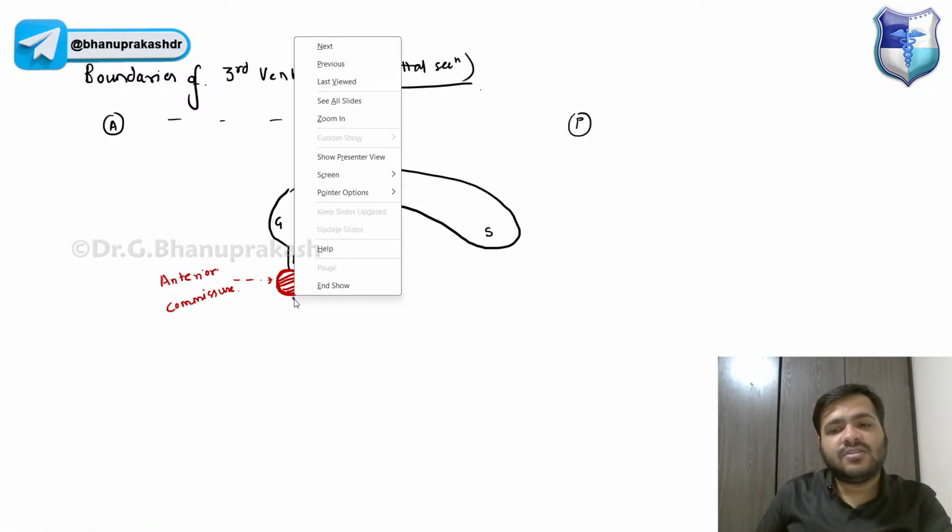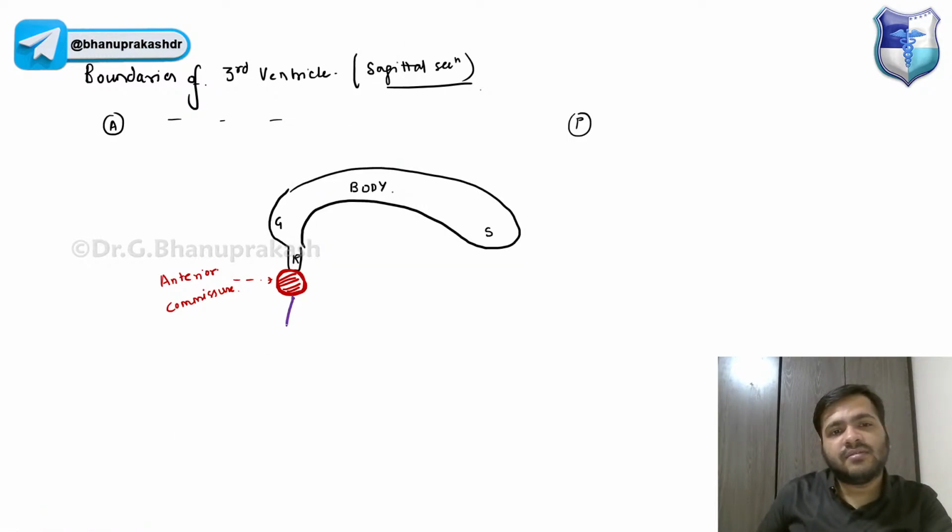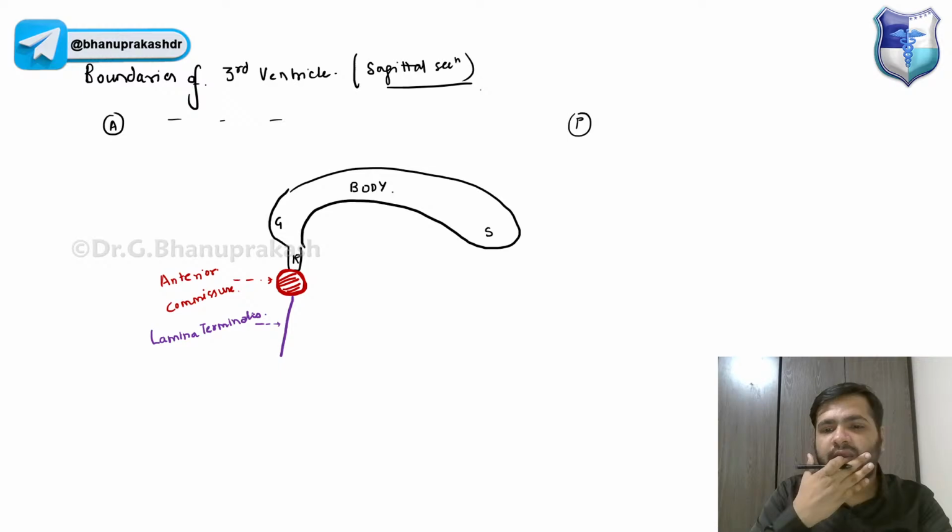A very thin sheet of the gray matter, guys, right? And that is something which is called lamina terminalis. Now, remember that the fornix is coming in front.